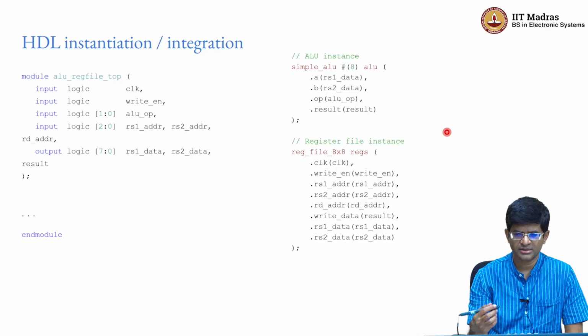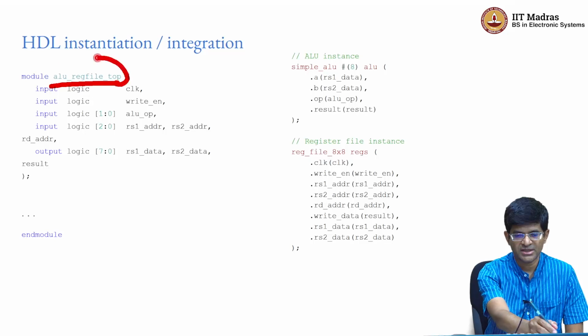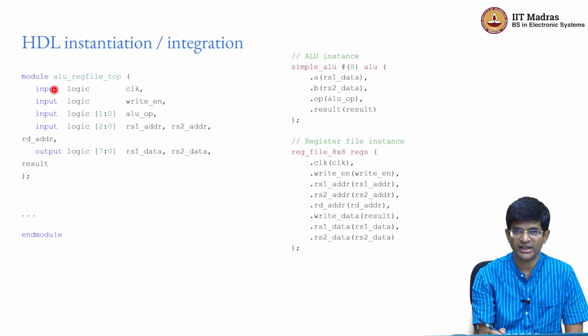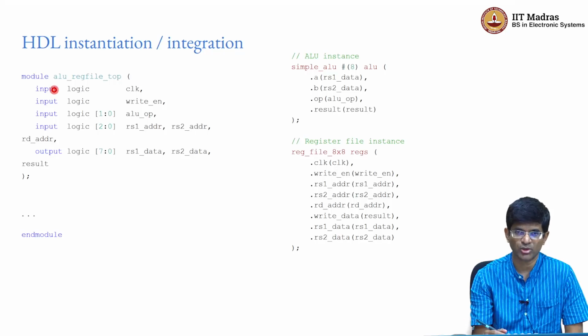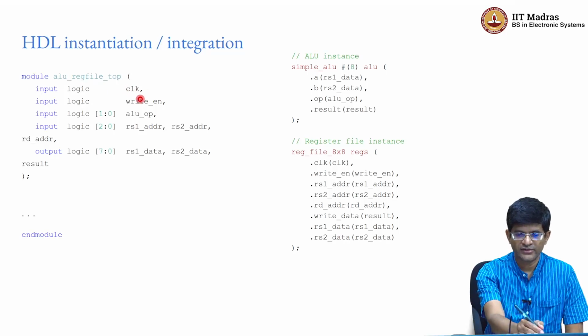So let's look at how we would instantiate this, our ALU reg file combination. I'm just giving it a name, ALU reg file top, because it's not yet the top level of our processor. We are building towards a processor at this point, but we have not completed the story. So the ALU reg file top takes a clock as input.